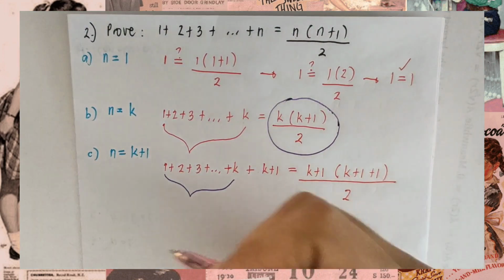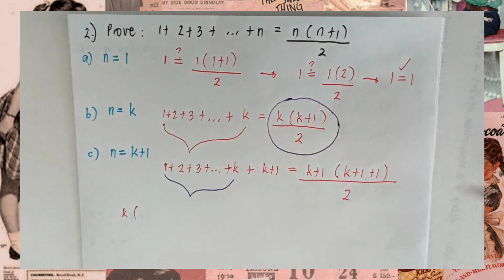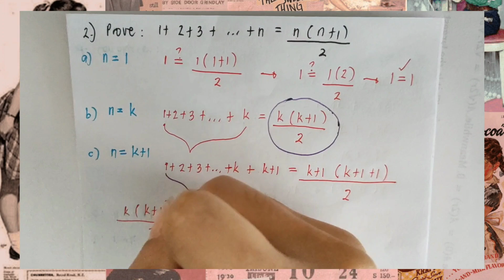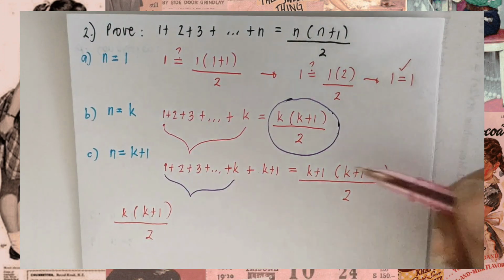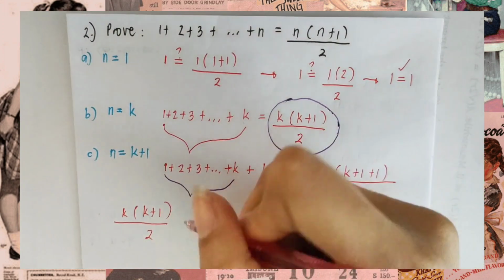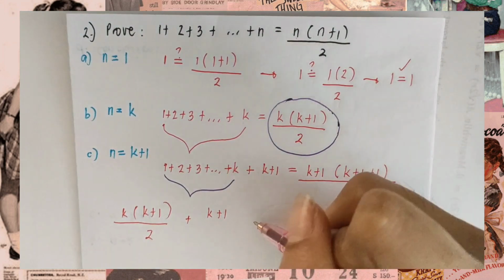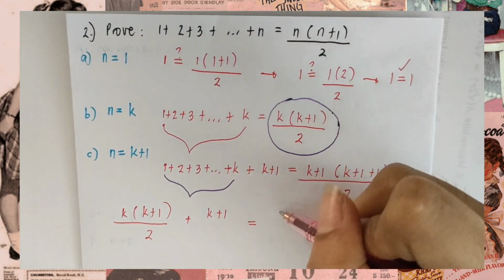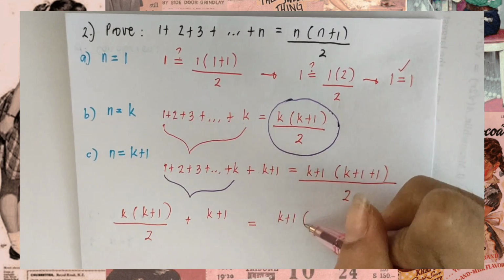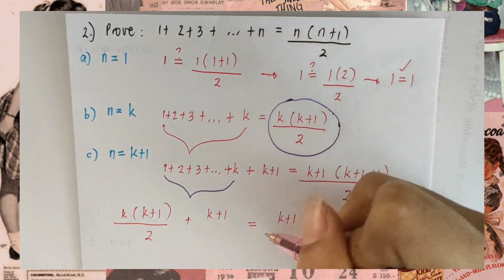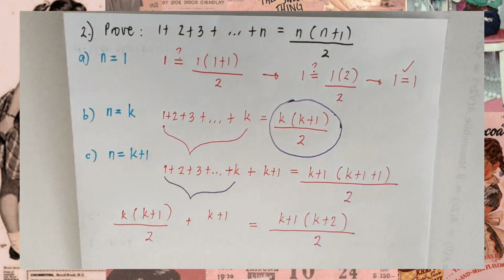So this will now become k times the quantity of k plus 1 over 2. Next, bring down plus k plus 1 equals k plus 1 times k plus 2. 1 plus 1, that is 2, over 2.